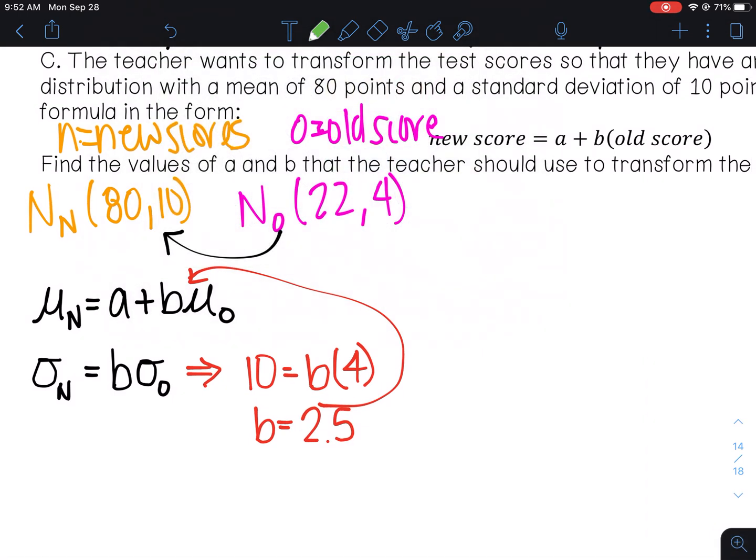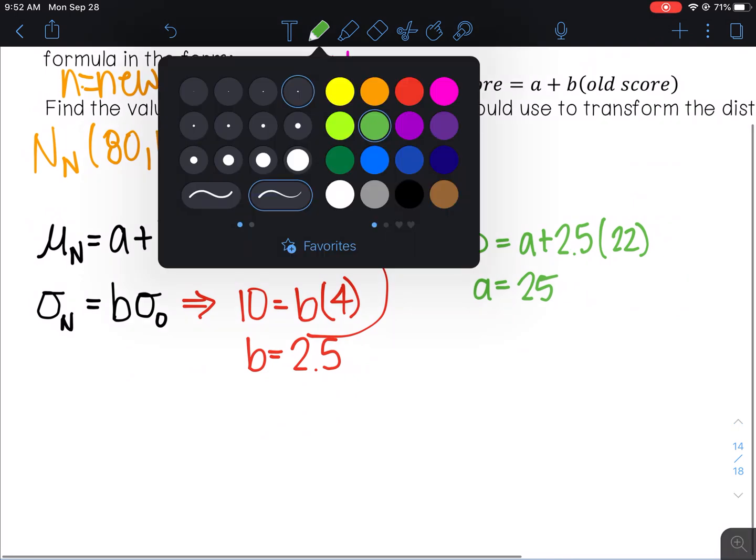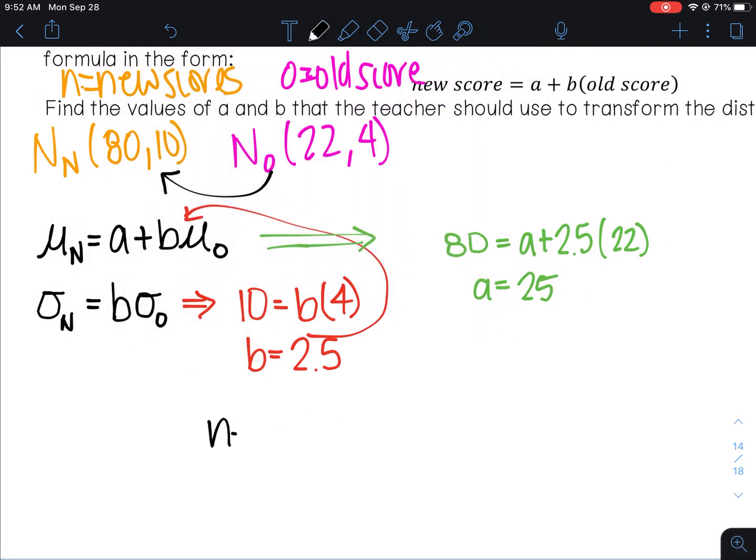I know my new mean that I want is 80 equals A, which is what we're looking for, plus B, which we have, it's 2.5, times my old mean, which is 22. So I'm going to solve this. It's a 2-step equation, actually 1 step, because you're going to multiply 2.5 times 22, and I'm going to get A equals 25. So then, to get full credit, I'm going to write my new transformation. So the new score should equal 25 plus 2.5 times the old score.